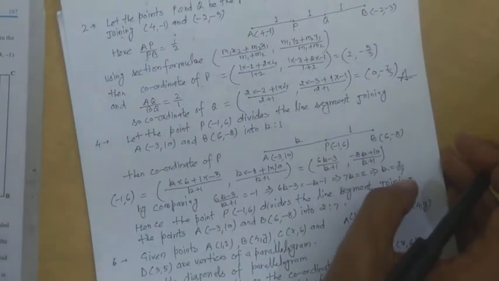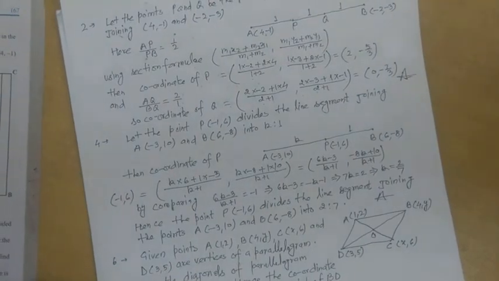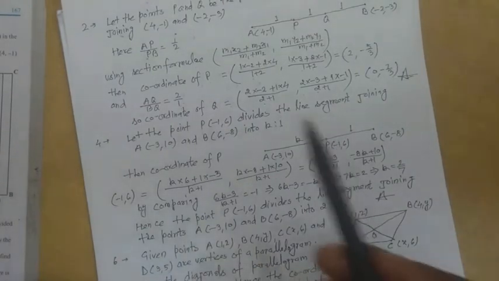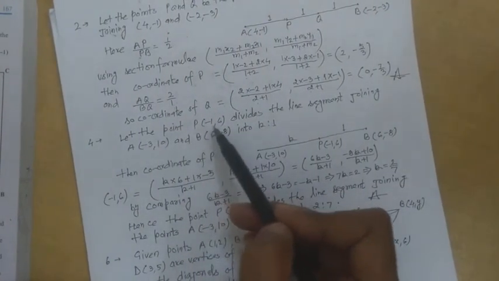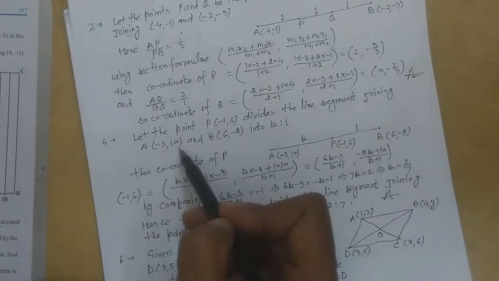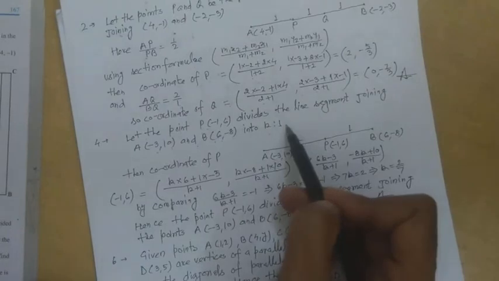Now we come to question number 4. It says, find the ratio in which the line segment joining the points (-3, 10) and (6, -8) is divided by (-1, 6). Let the point P (-1, 6) divide the line segment joining A (-3, 10) and B (6, -8) in the ratio K to 1.